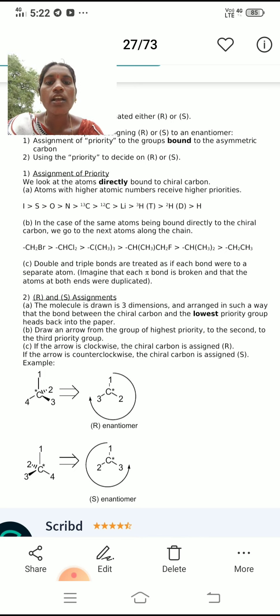This rotates in a clockwise direction, so the configuration is given as R. In the second enantiomer shown, the priorities 1, 2, 3 rotate in an anti-clockwise direction, so the configuration is given as S.